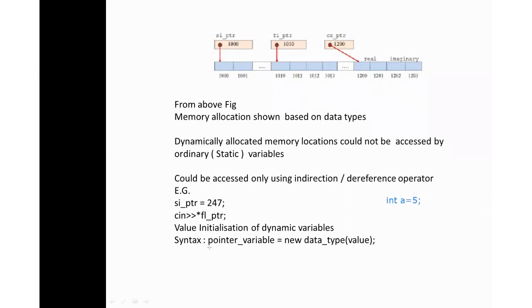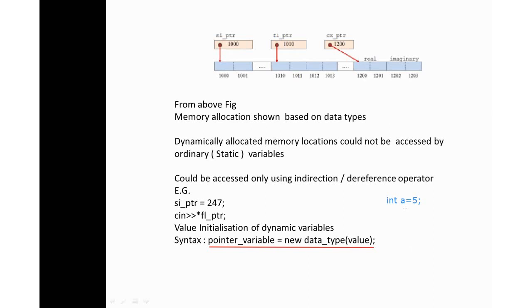That is, pointer variable is equal to new data type, and then the value is given inside your round brackets. Use of brackets, please be careful. Whichever has to be used, you have to use it promptly and correctly. You cannot mismatch the brackets. Is it clear? Here I have given you int a is equal to 5.